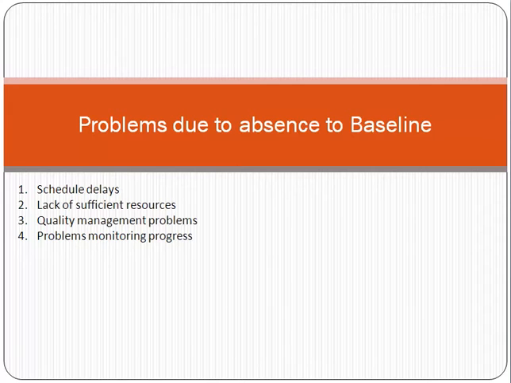What are the common problems, friend, when we don't use the baseline? First of all, schedule delays. If you don't baseline things, the project will be off track. Off track means that if you don't plan how much time is required to complete the project, then the project will never end.